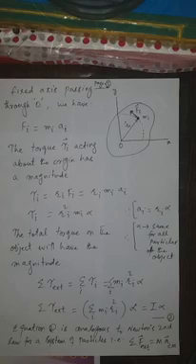Here we say that summation tau external is equal to I alpha.